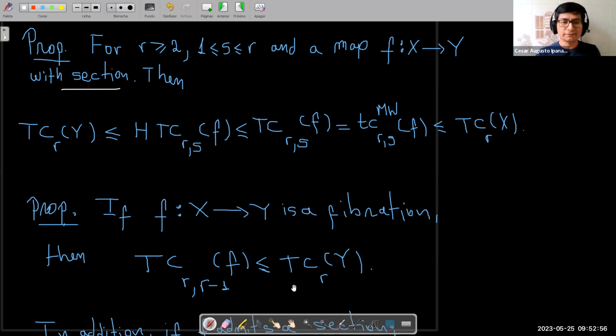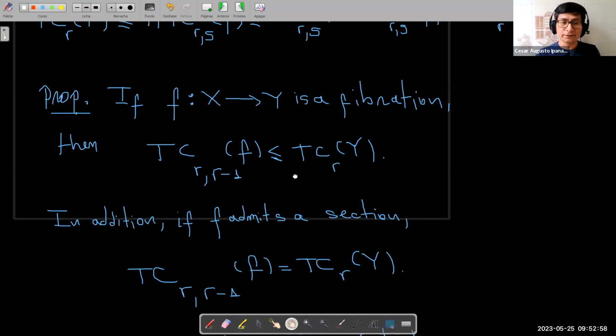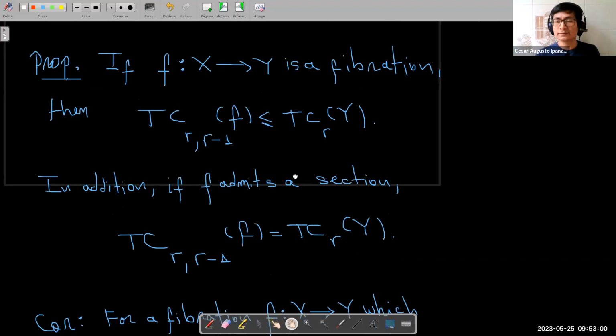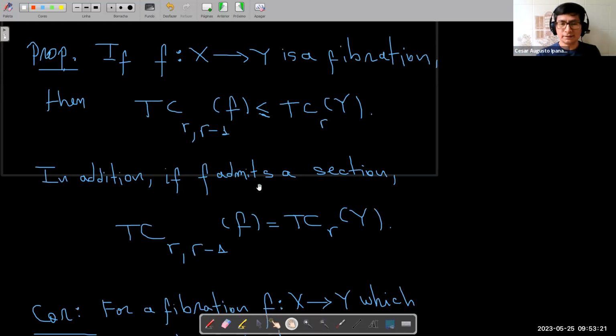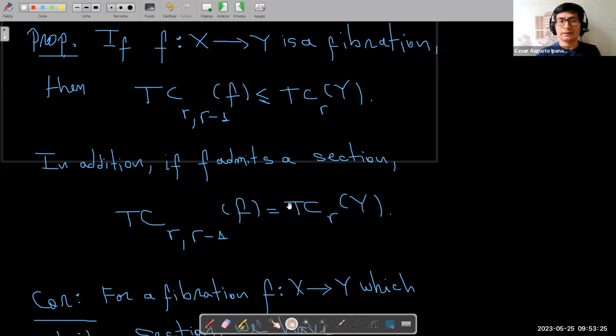And in that case, when f is a fibration, we obtain new estimates. For example, in the case when s is equal to r minus 1, the topological complexity of f is less than or equal to the Rudyak TC of the domain. In addition, if f admits a section, equality holds.